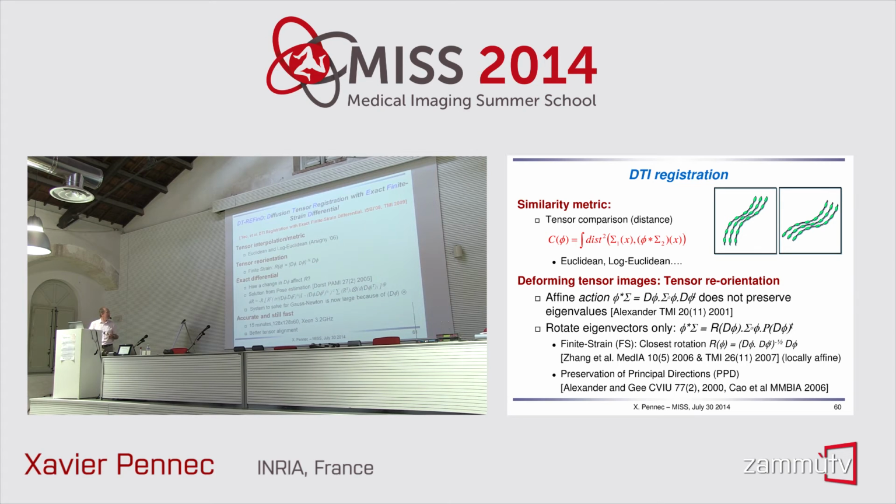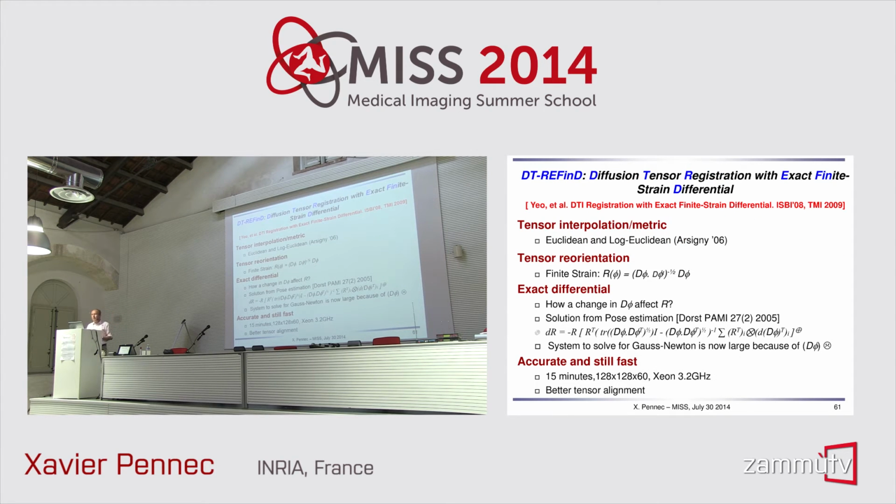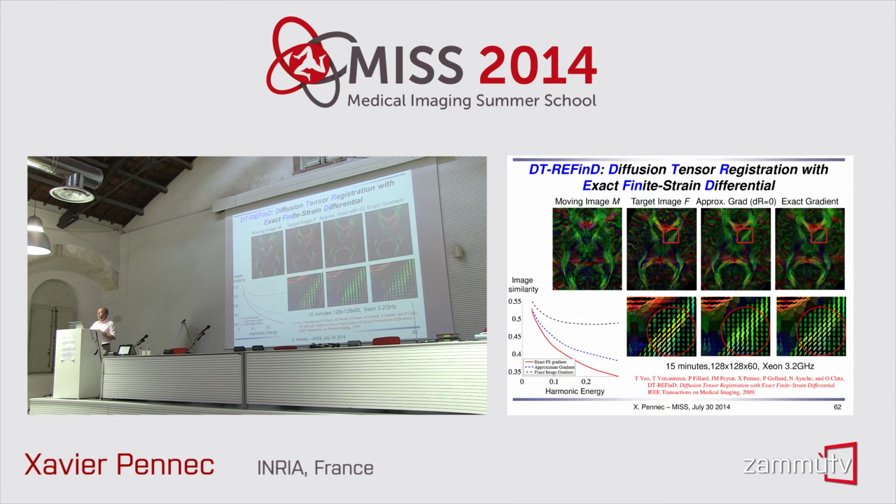And if we use that, then we can include that in the demons once again. So I won't really go into detail. There is a closed form solution for the pose estimation, so that we can write the system in the different equations. And now we can apply that to different images.